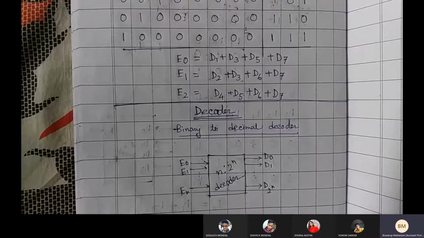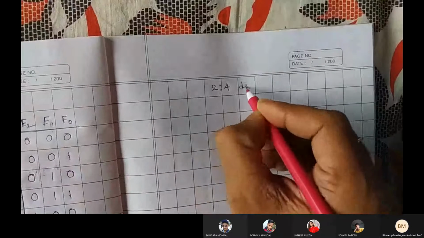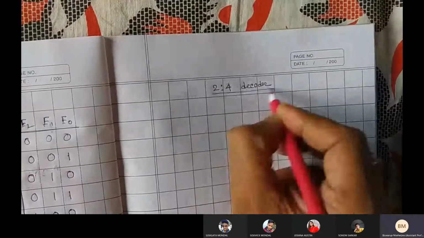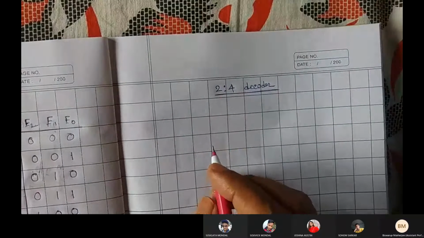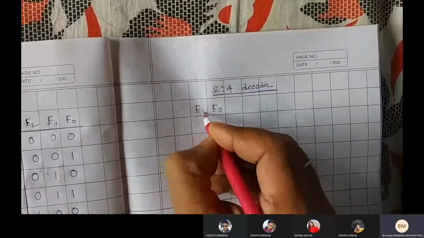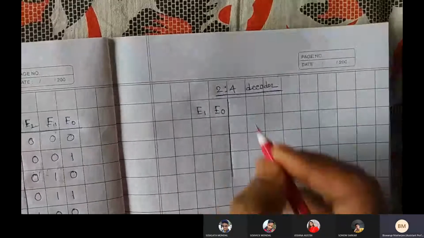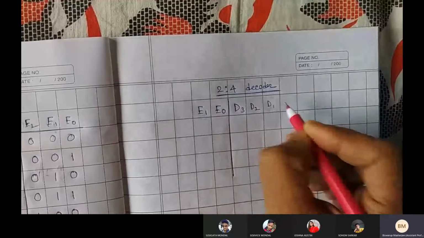So if we start with a simple decoder, maybe a simple 2 to 4 decoder. As the name suggests, it will have 2 inputs, 4 outputs. 2 inputs, maybe E0, E1, and 4 outputs, maybe D3, D2, D1, D0, right?